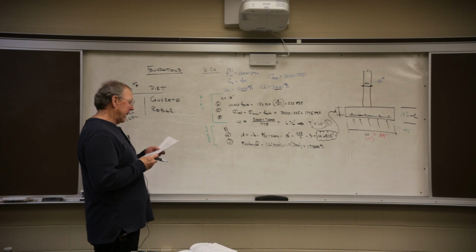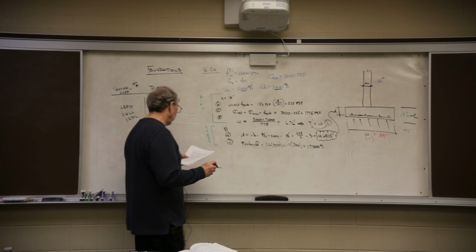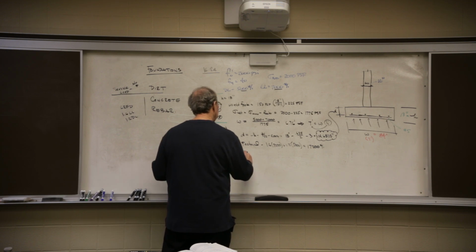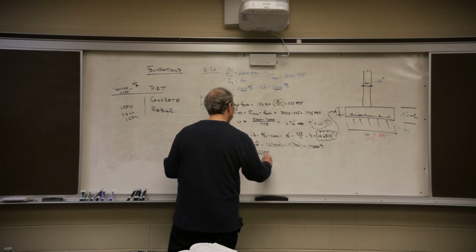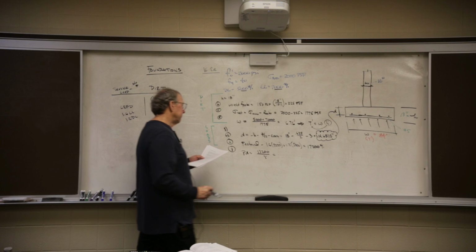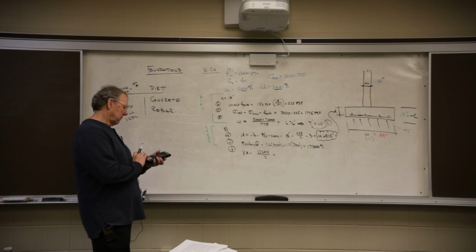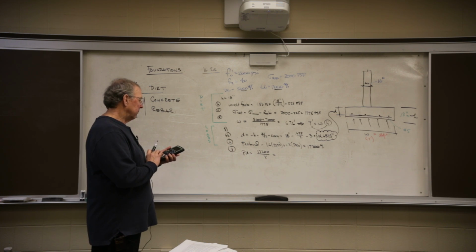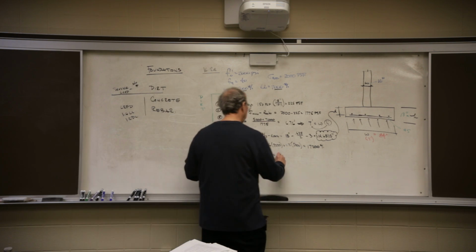And now I go to J, find the factored soil pressure actual. This is J. They call it PD. That's just the load factored divided by the width. And the width of the footer was 7 foot, so I've got 17,200 pounds per foot divided by 7 feet, 2457.